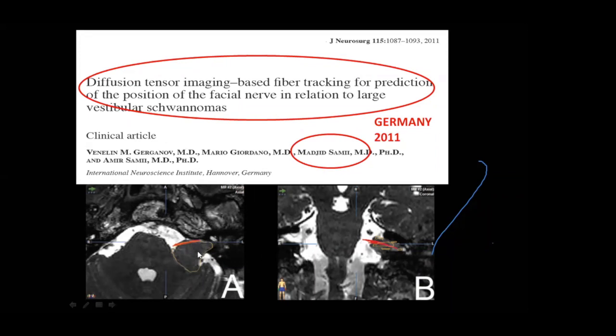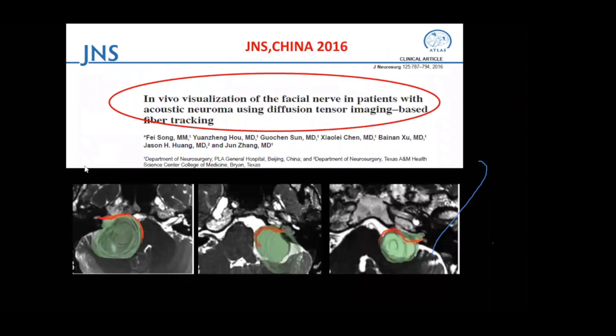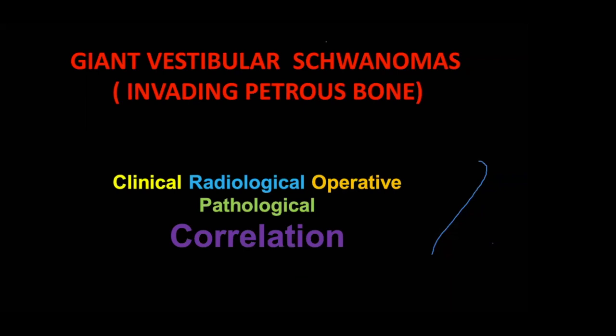So usually anterior superior or anterior, but it could be posterior. Another paper again from China about the use of tensor imaging to see where the facial nerve is in relation to the tumor, which is an important radiological finding. So back to the giant vestibular schwannomas.